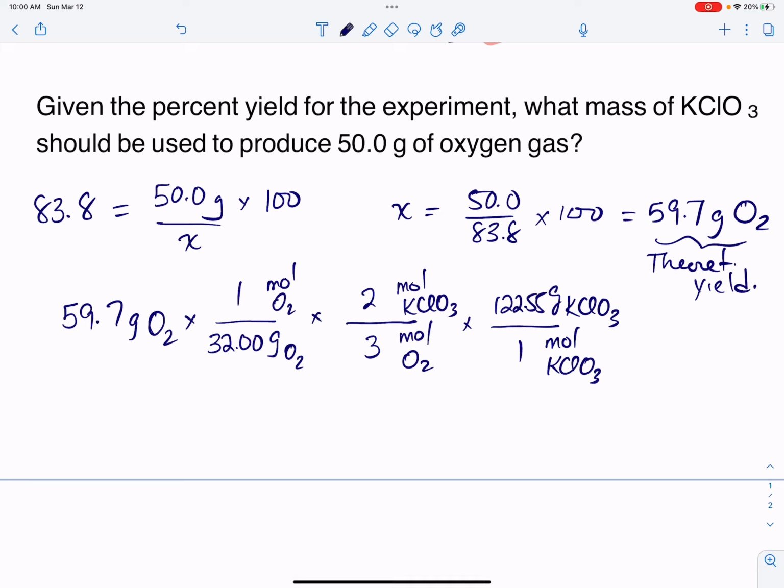Grabbing a calculator, 59.7 divided by 32 times 2/3, and then multiplied by 122.55. I'll keep 3 significant digits, so 152 grams of potassium chlorate should be used.